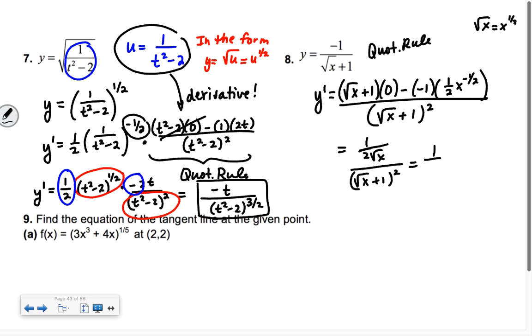Basically we have 1 over 2 root x divided by that whole squared part. Do you see how the squared part's going to go on the bottom and the 2 root x will go on the bottom? It's like 1 over, as you flip it. So we're going to get 1 over 2 root x times the square root of x plus 1 squared. And you could FOIL out that part, but I would just leave it like that.